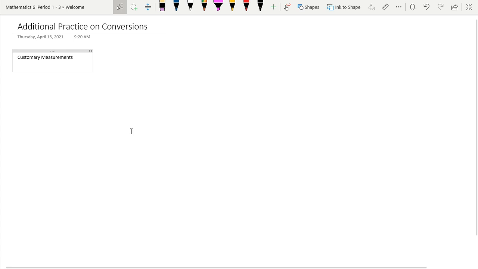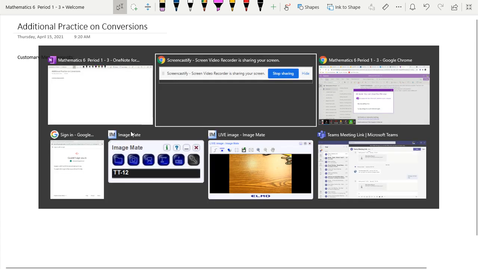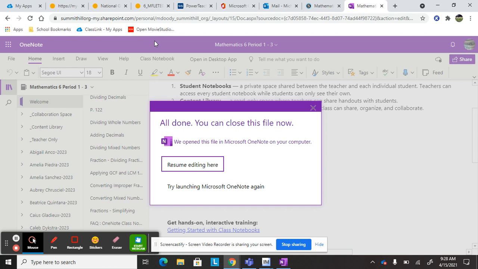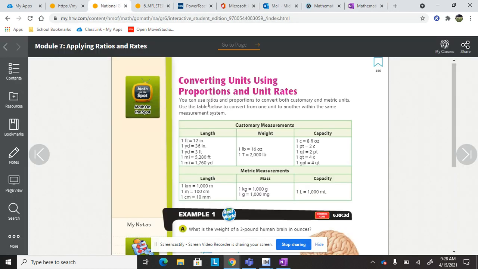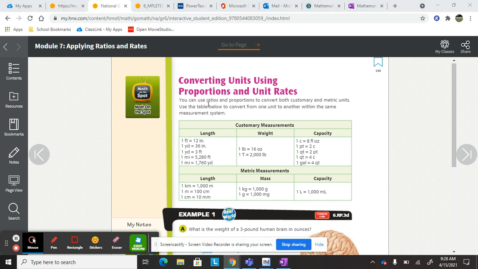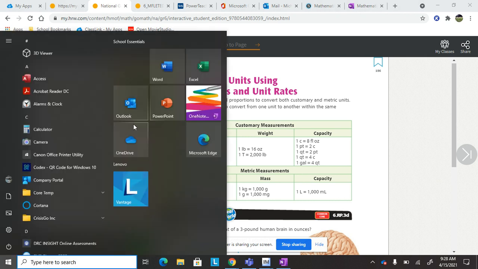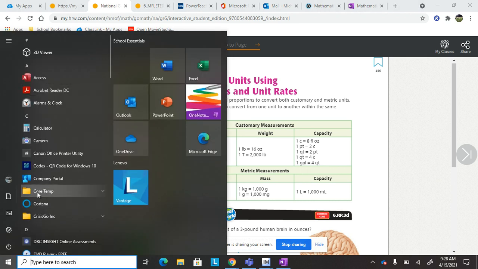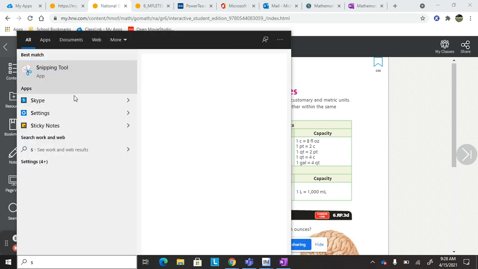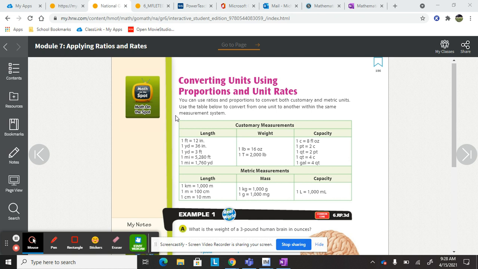We're going to go ahead, on page 186 in our book, and we have this chart right here. This is going to help us. I'm going to snip this into the document that we're working on right now for this video so we can have a copy of it there.